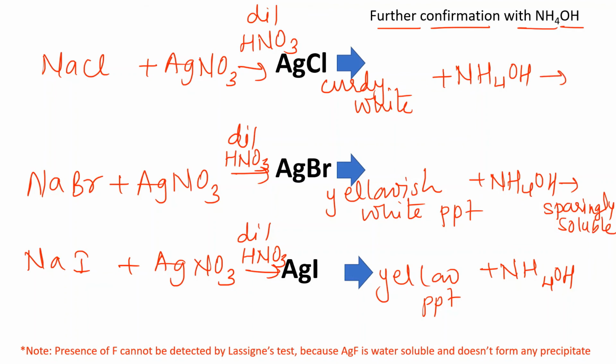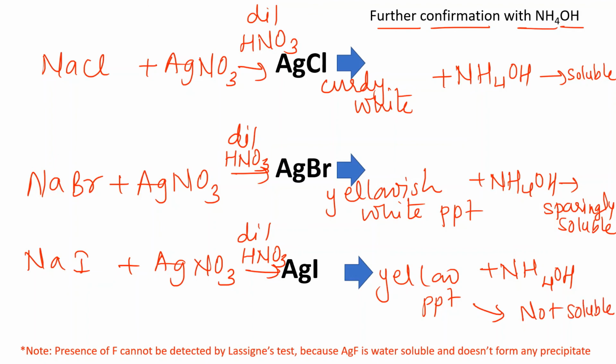The curdy white precipitate of silver chloride is completely soluble in ammonium hydroxide, whereas the yellow precipitate of silver iodide is not soluble in ammonium hydroxide.